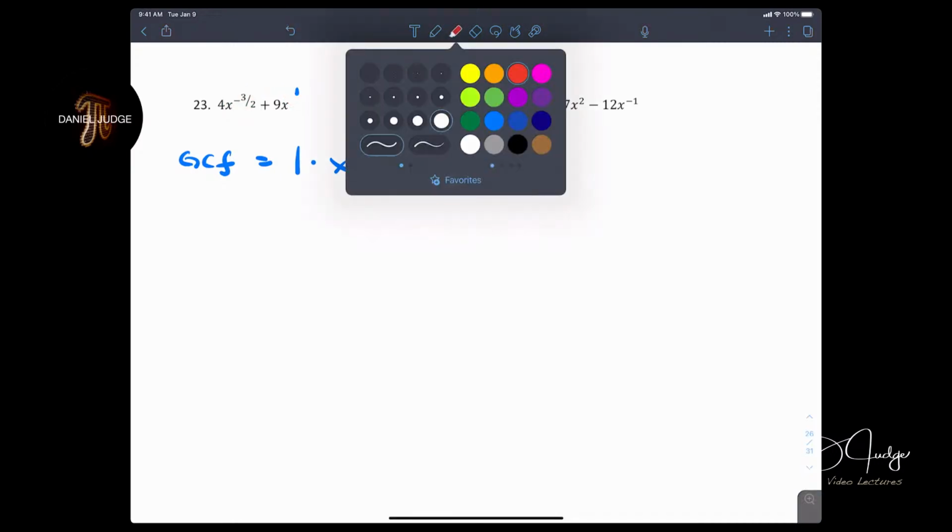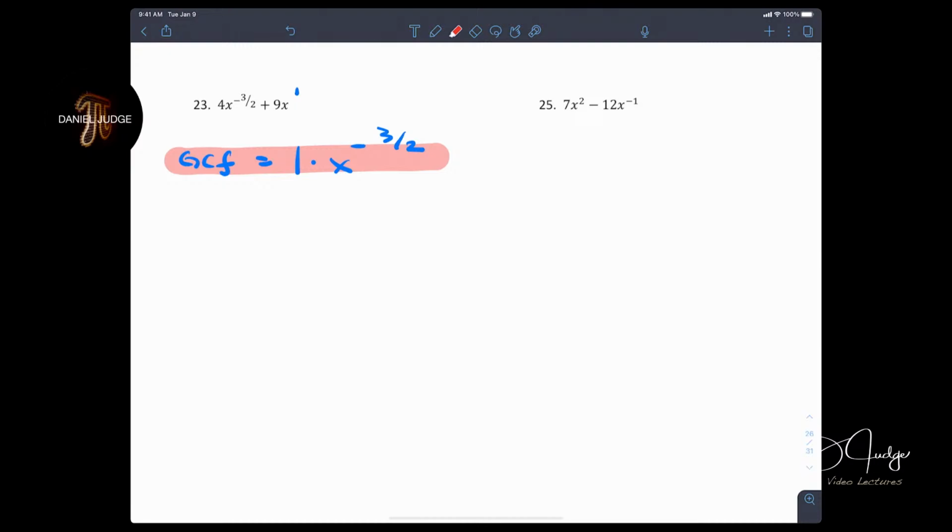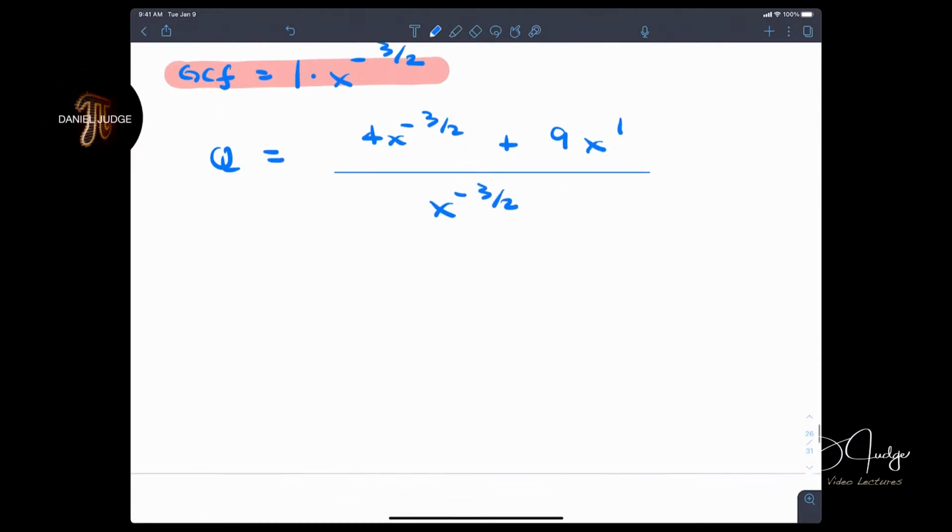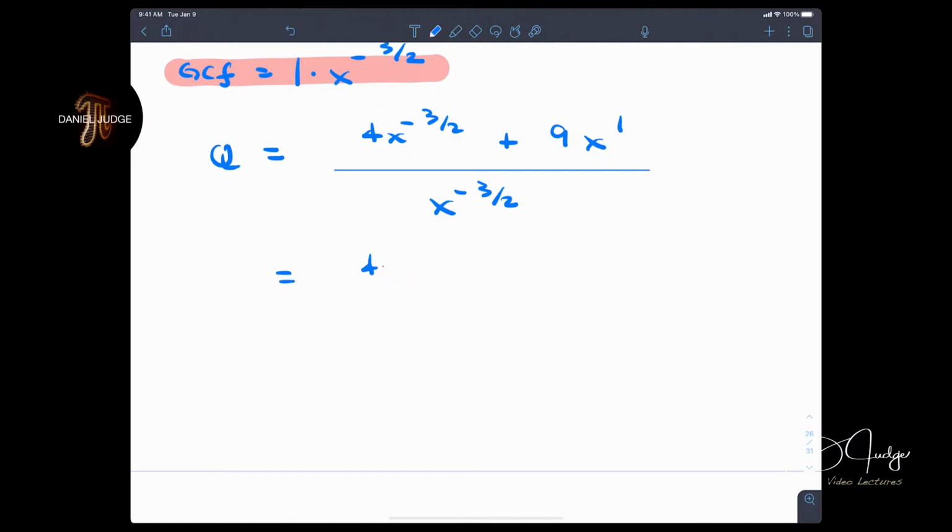Okay, so we have the GCF. Pretty simple. The quotient. Take the original sum, 4x to the minus 3 halves plus 9x to the first power over really x to the minus 3 halves power. 4x to the minus 3 halves over x to the minus 3 halves plus 9x to the first over x to the minus 3 halves.